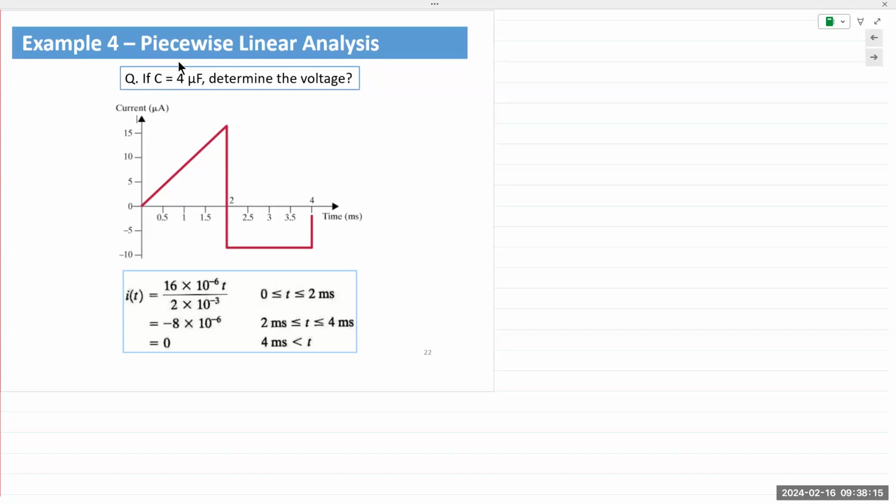The second part is simply constant, -8 microamps. And this is a little tricky to see, but this top point is 16 microamps.